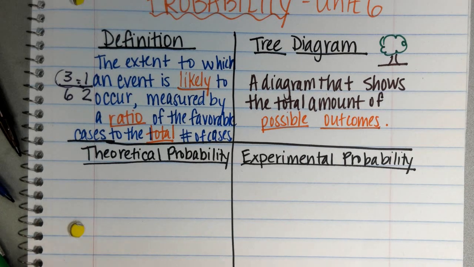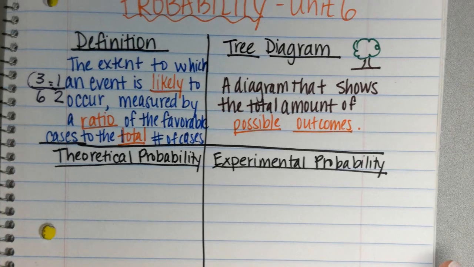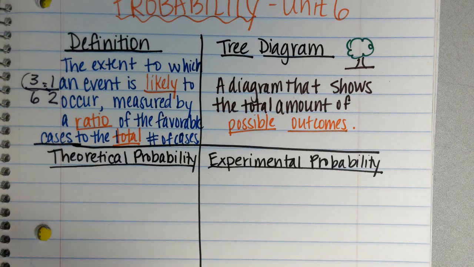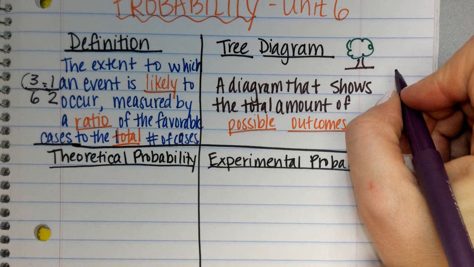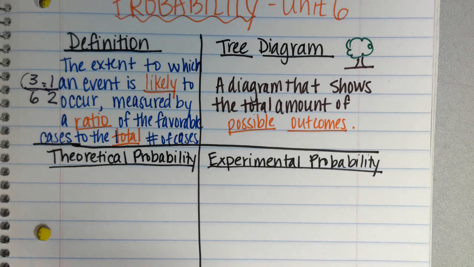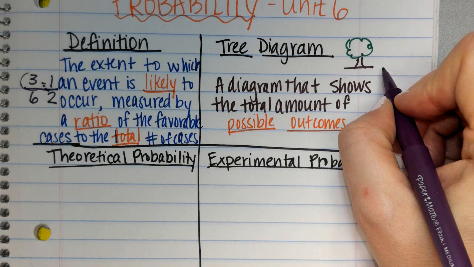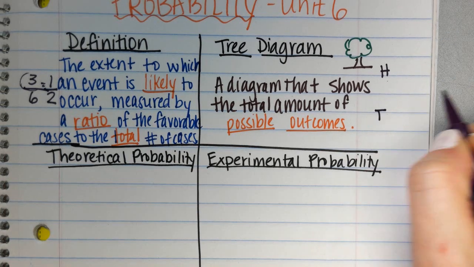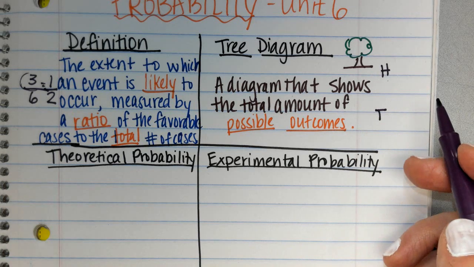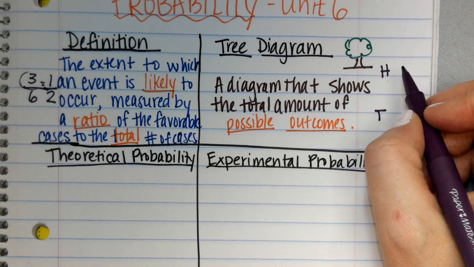Okay, so heads versus tails, all right? Flipping a coin. And you say, what is the probability that it will land on heads? Okay, so you do a tree diagram, you would start out with heads, and then you would have tails, right? Those are your two different options. This is an example here.